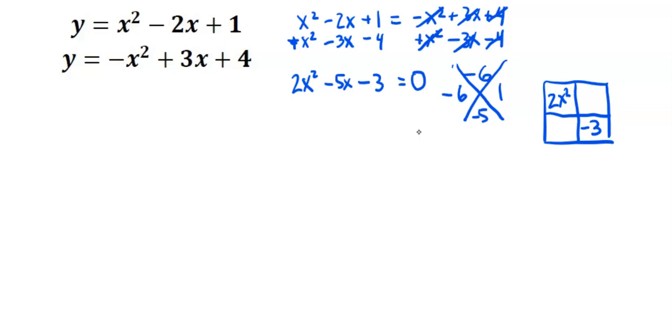In the two other boxes that remain, we're going to put negative 5x, but we're going to do that using the two numbers that we found: negative 6x plus 1x, or just plus x. Because negative 6 plus 1 is negative 5x. And so there's our middle term, negative 5x, in the box as well.